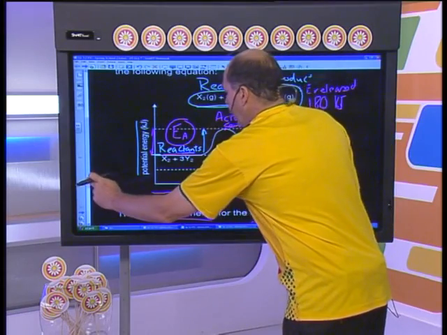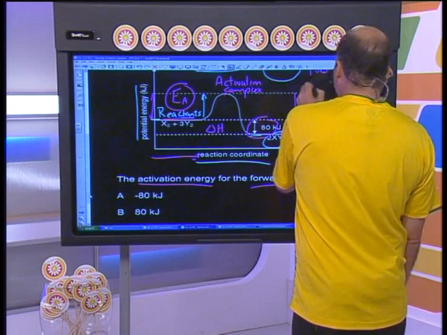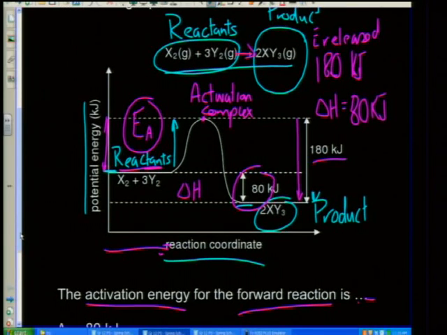Remember, delta H is very important because it describes whether the reaction is endothermic or exothermic, and you need to know that. So what are we told here? The difference is 80. So I know that delta H is equal to positive 80. So automatically I recognize that this is an endothermic reaction.